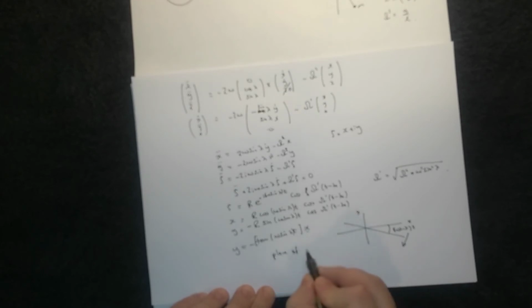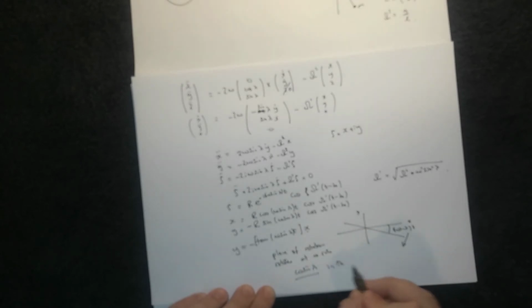It self-rotates at a rate of omega sine lambda in the clockwise direction. At least in the northern hemisphere, it will be in the clockwise direction. In the southern hemisphere, it will be the anti-clockwise direction. You take the modulus of this thing.